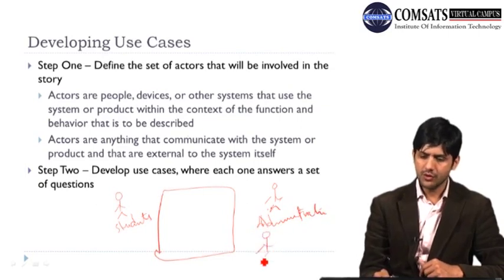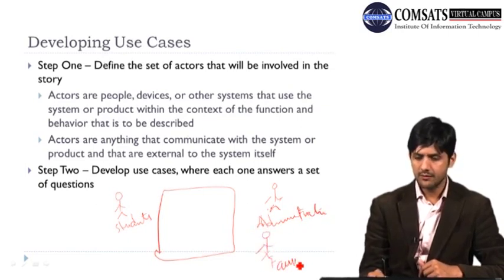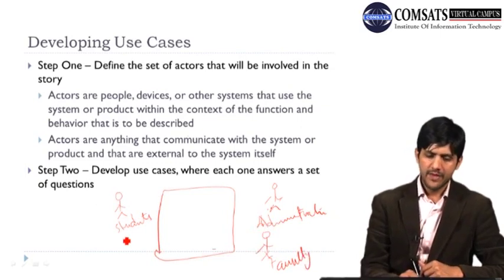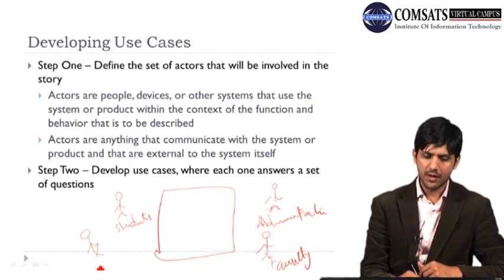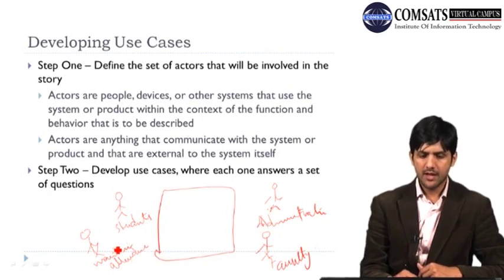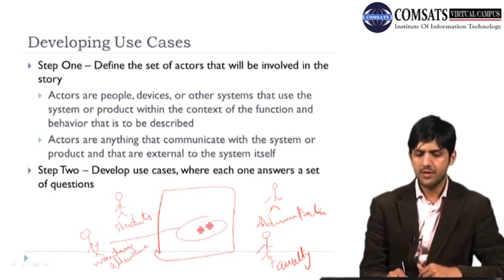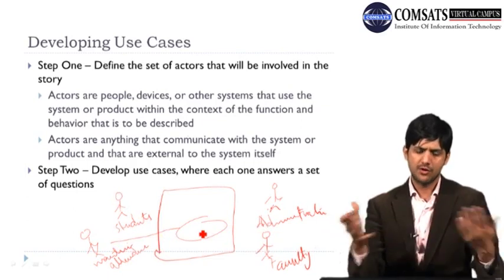Another actor, surely, is faculty. Then maybe there is a machine which takes attendance of faculty, and it is also interacting and updating whether faculty is on the campus or not.